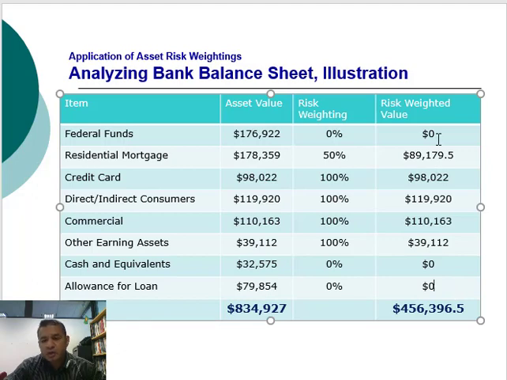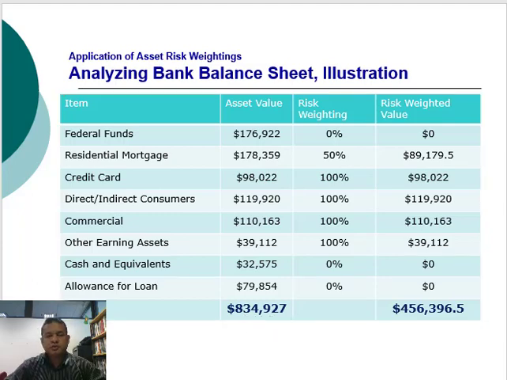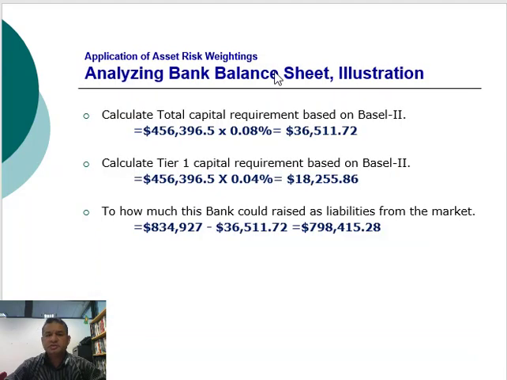So if we add all this value together, which is 456,396.5, and the total asset value is 834,927.